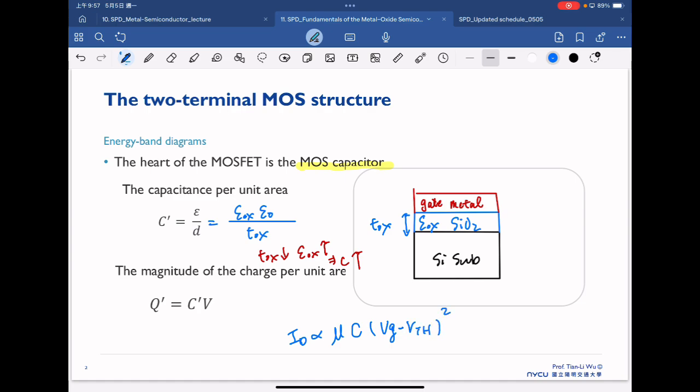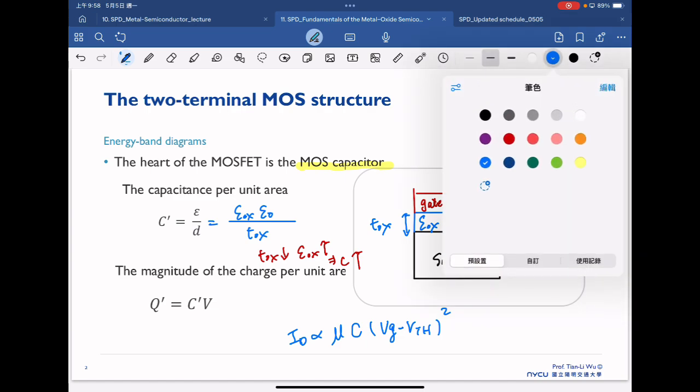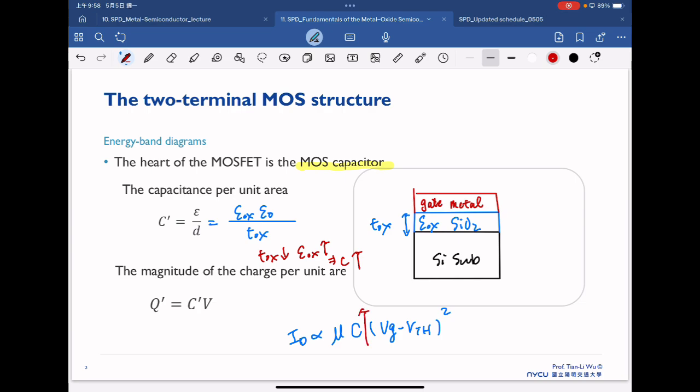So that's the current equation in the saturation region, which we will explain later. But now, if we make our capacitance larger, then we can have a higher output current. And in general, we can consider that a higher output current makes sure our electronic device has a higher performance.